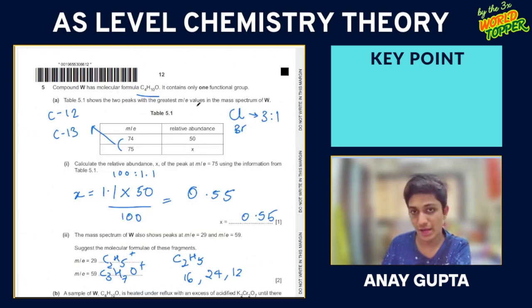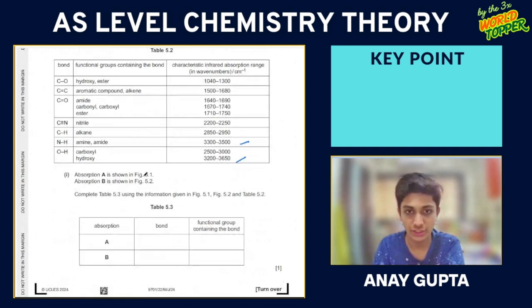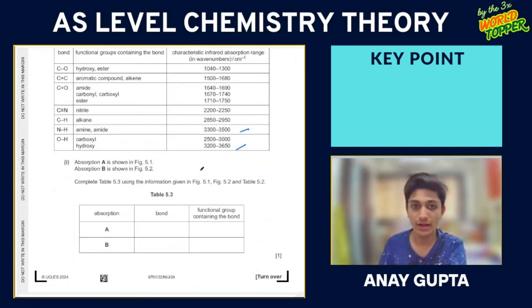But my compound W does not have a nitrogen, so it cannot be an amide. So it is only possible that it will be a hydroxy, right? So I can have an OH bond, and the functional group will be hydroxy.